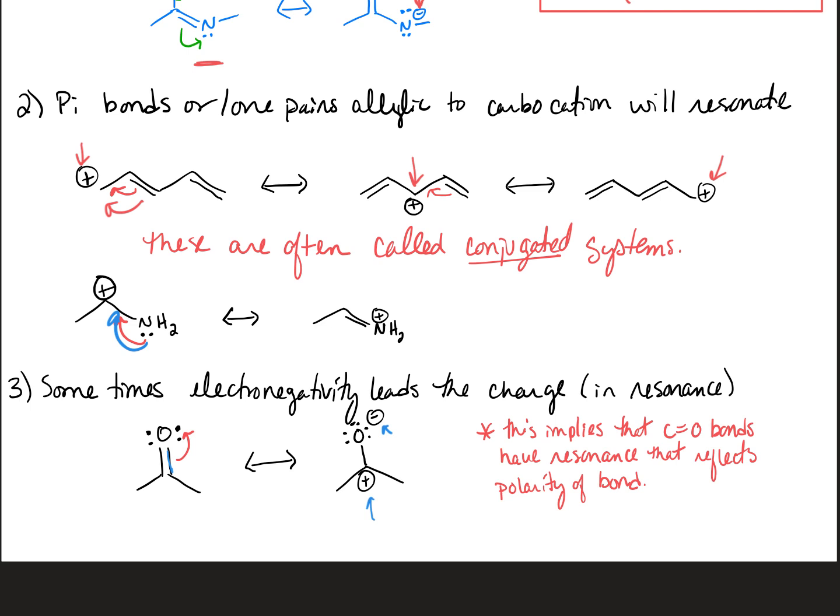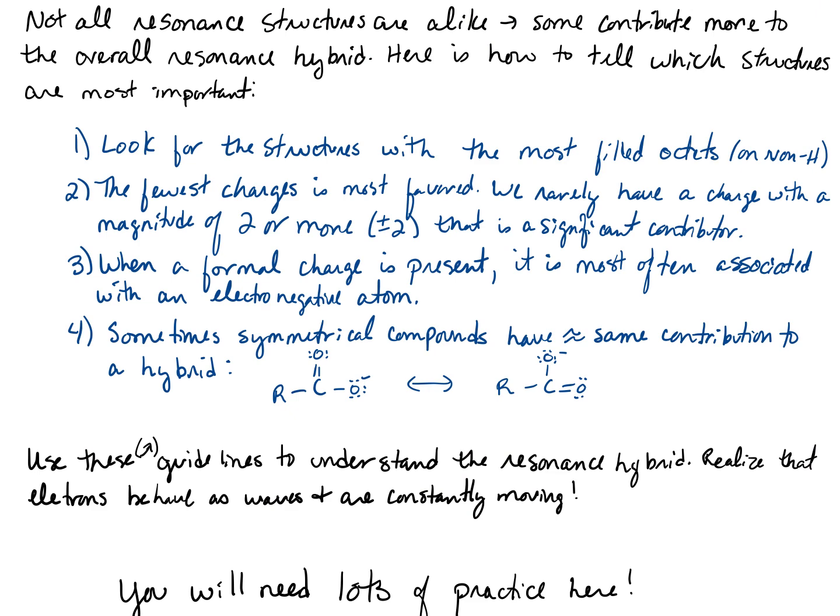So let's look at some other types of things that we can talk about with resonance structures and how to determine which resonance structure might be closer to reality. So we would say that that contributes more to the overall resonance hybrid. Here, in order, here's how to tell which structures are most important.